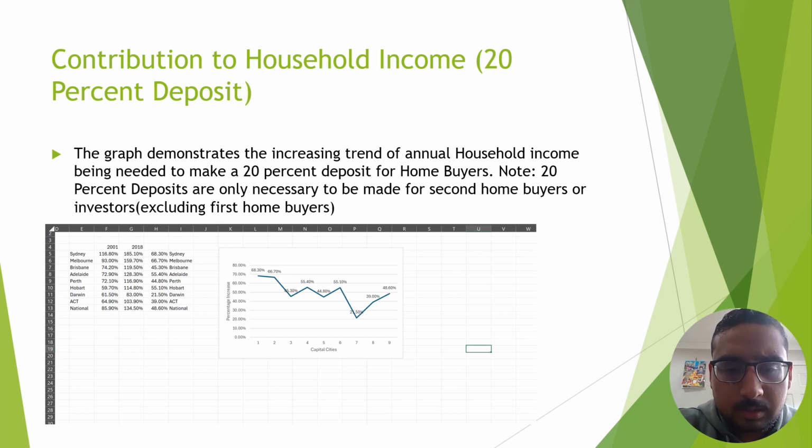There has been around a 60% to 65% increase in Sydney and Melbourne, and around a 47% increase in the national household income contribution. So even if we make the national median average salary, we still have to save around 1.5 to 1.6 times that national average salary in order to get that 20% deposit.